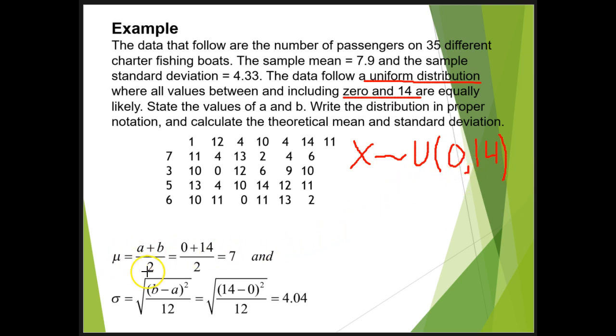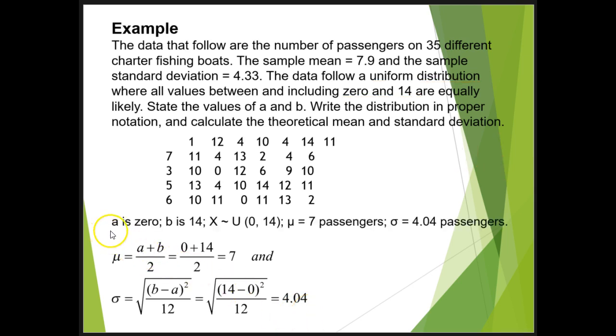So that's done down here. We just plug it in. A is 0, B is 14, so we get the theoretical mean of 7. We do the same thing, we just plug in our values into the calculator, and we get 4.04 for the standard deviation. And here you can see they've just written the answers right there.